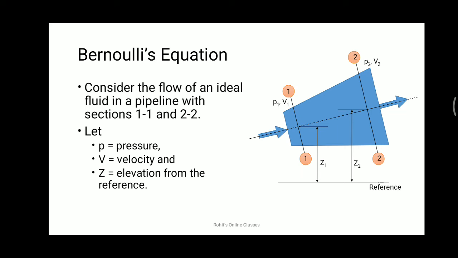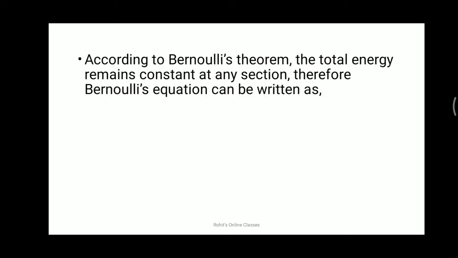Okay, and if the pipeline follows the Bernoulli's theorem. Okay, so according to Bernoulli's theorem, this is the statement: the total energy remains constant at all sections, or total energy remains constant at any section.